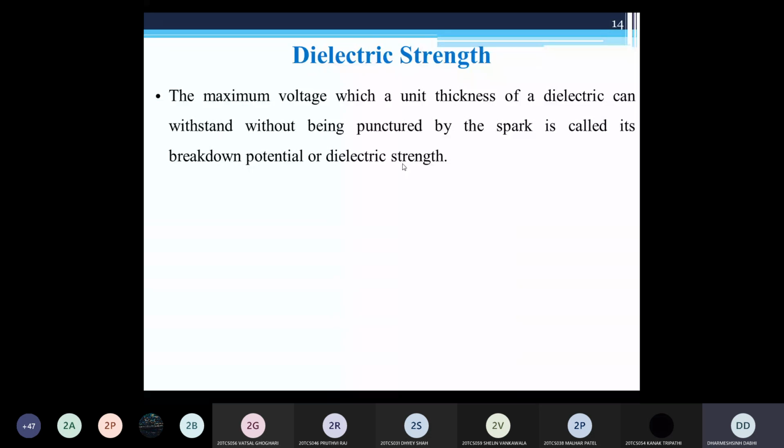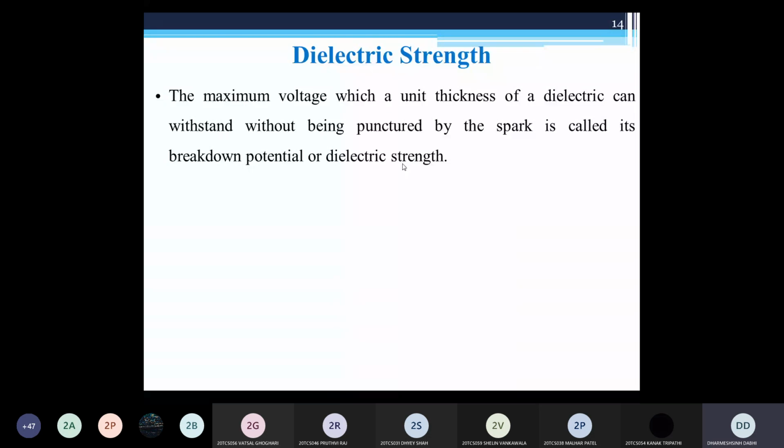This maximum voltage at which it breaks down is the dielectric strength of that material. Suppose the mica breaks down at 10 kilovolt, then we can say the dielectric strength of that mica is 10 kilovolt, because at 10 kilovolt your mica insulating material breaks down.